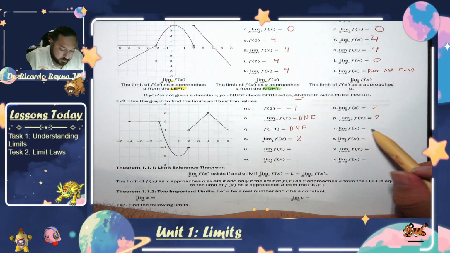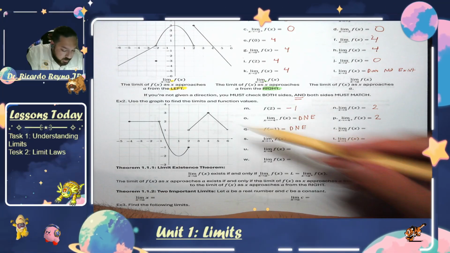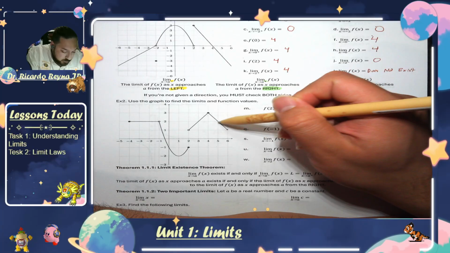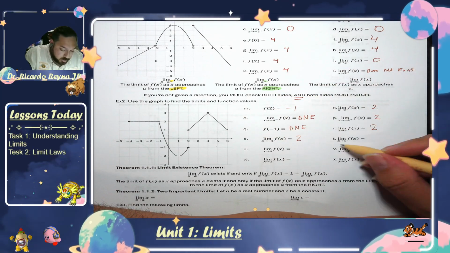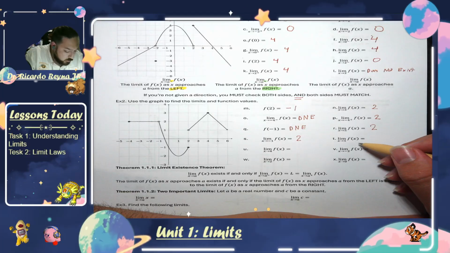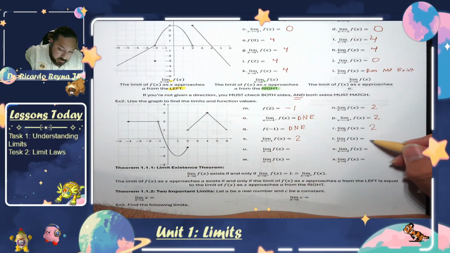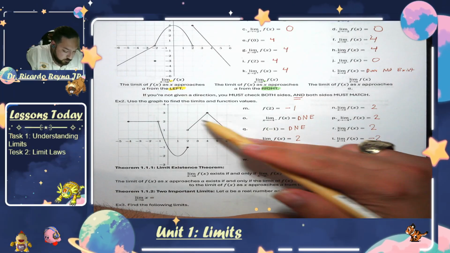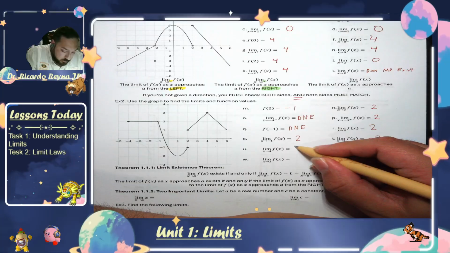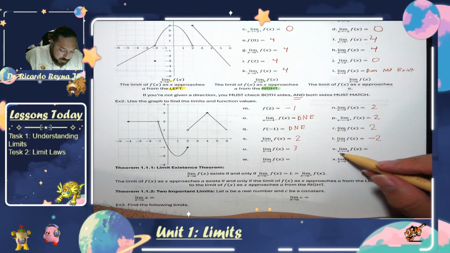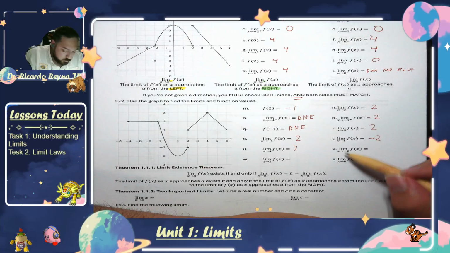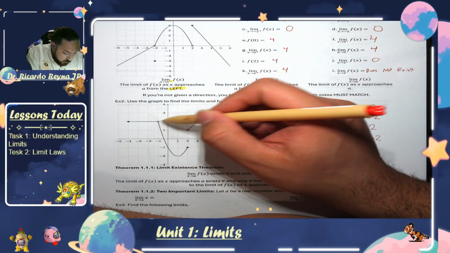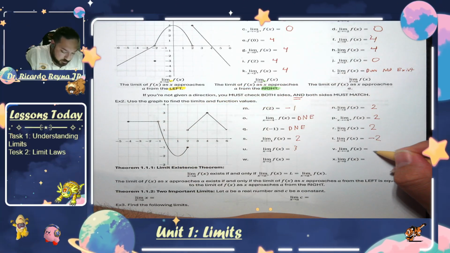Okay, let's go back in order from 5. We see from the left or from the right, it will be 2. As x goes to 1 for this function, it will be -2, actually. As x goes to 4, it's going to be 3. As x goes to -2, from the left and from the right, that's just going to be 2.